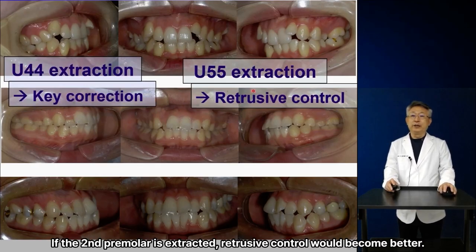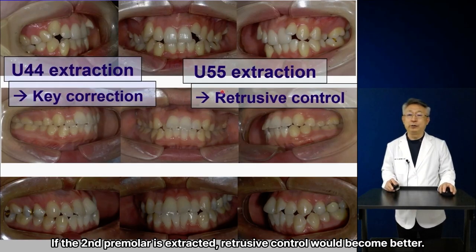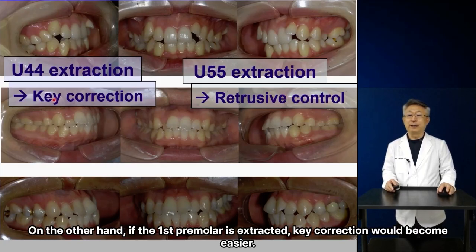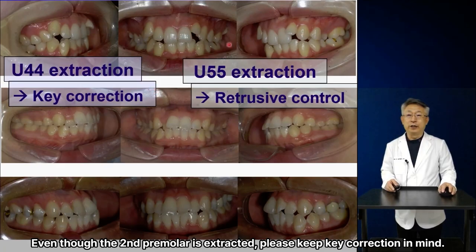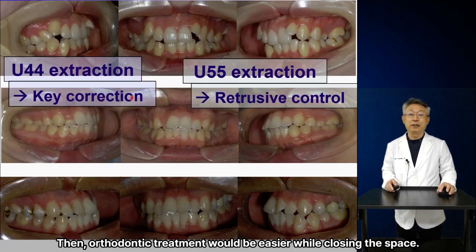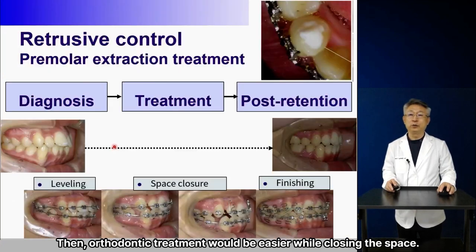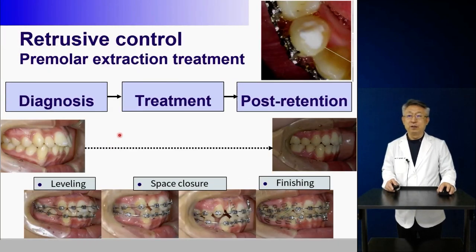If the second premolar is extracted, retrusive control would become better. On the other hand, if the first premolar is extracted, key correction would become easier. In other words, it would be easier to make a class 1 canine relationship. Even though the second premolar is extracted, please keep key correction in mind. Then, orthodontic treatment would be easier while closing the space.